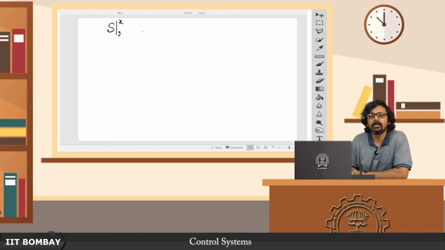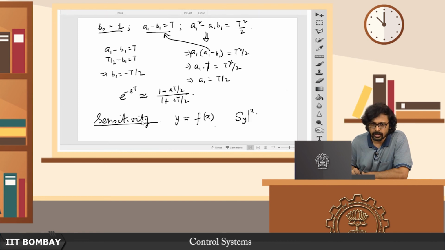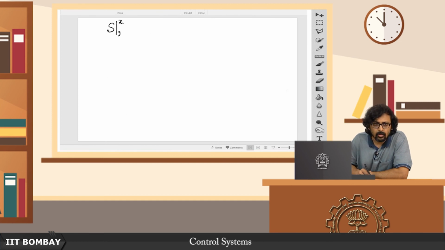Okay. So how do we define this sensitivity? Notice that you already have this y changing, which is basically f of x. So this can be given by the fractional change in the parameter of my interest.